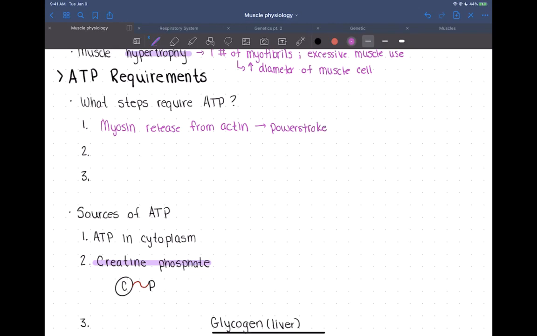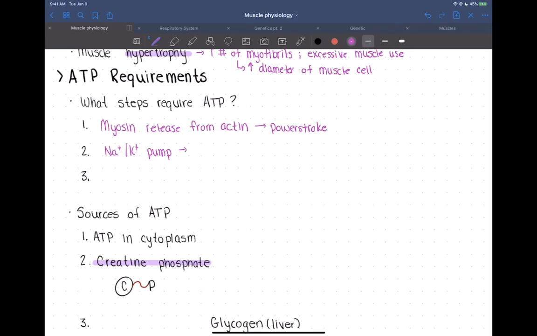And then in order to have an action potential, you need the activity of the sodium potassium pump. Because remember, we talked about with action potentials that the change in the charge of the membrane is caused by sodium rushing from the outside of the cell to the inside of the cell. The reason sodium can do that is because you have this sodium-potassium pump constantly working to put sodium on the outside of the cell.